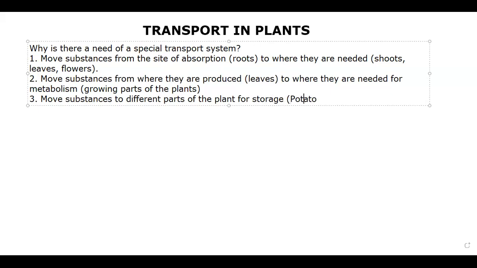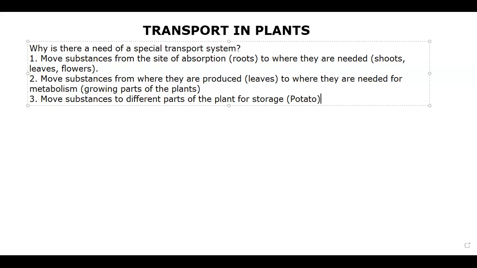The potatoes are tubers that can be found under the soil. The energy, the sugar, the glucose is stored in the potato for whenever it may be needed. So that is another primary reason why we need a proper transport system to allow all of these movements to take place.